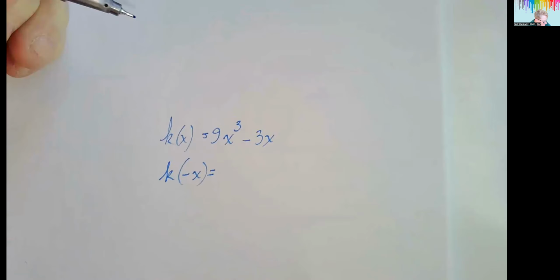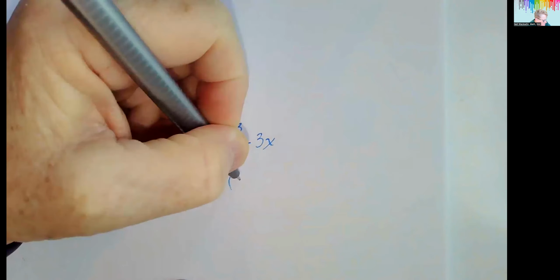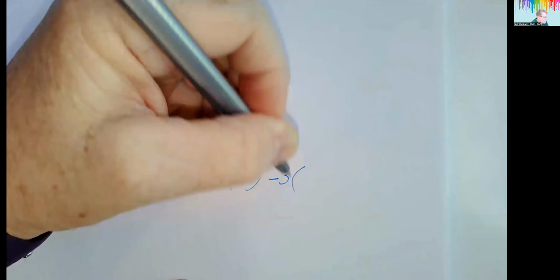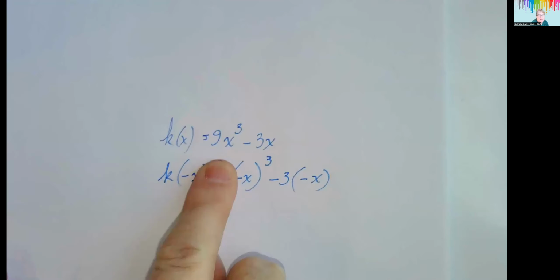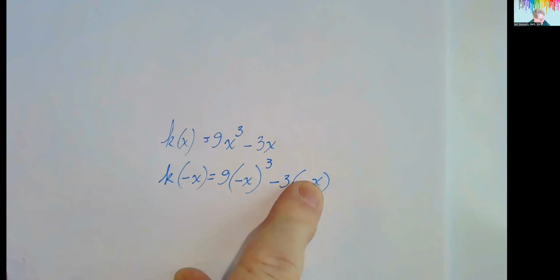So if I plug negative x in for all of the x's, I get 9 times negative x, all to the third power, minus 3 times, instead of x, I'm going to put negative x. So every single place there's an x, I'm going to put parentheses and a negative x. And now let's work it out.